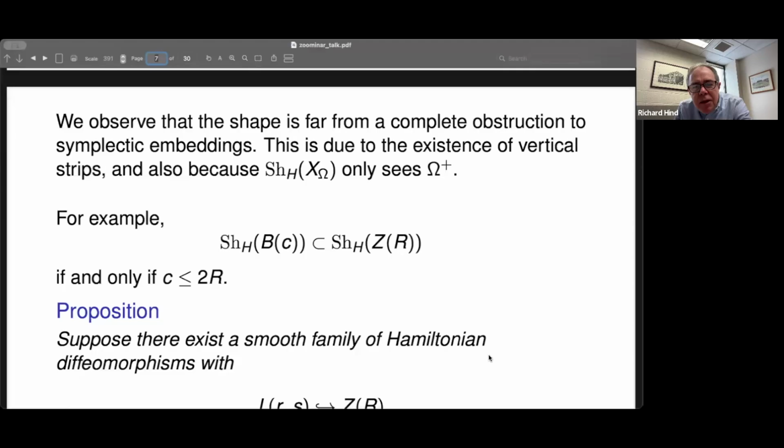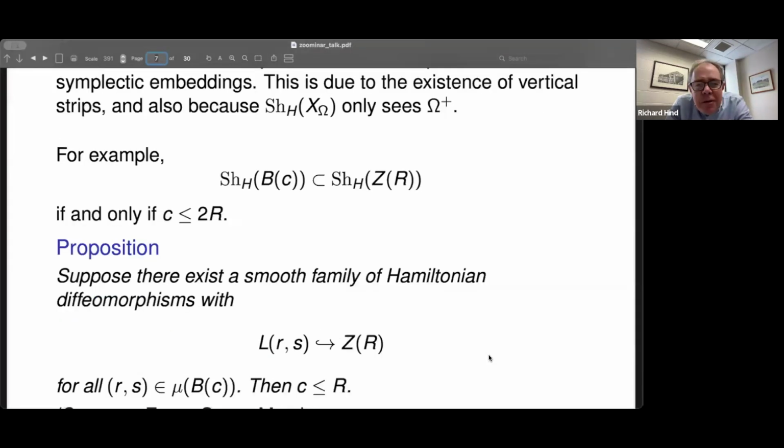So for example, looking at those pictures, you see that the shape of a ball is contained in the shape of a cylinder if and only if C is less than 2R. So based on this, I'm not even reproducing the non-squeezing theorem. It's out by a factor of 2.